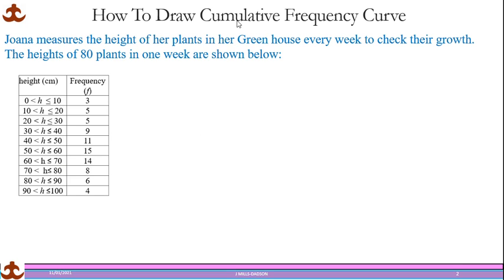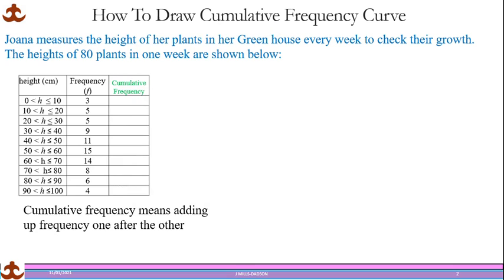Okay. The word cumulative frequency simply means adding up the frequency one after the other. So when you are supposed to draw a cumulative frequency curve, you need to create one more column, and the heading should be cumulative frequency. And as the name suggests, you are going to add the frequency one after the other.